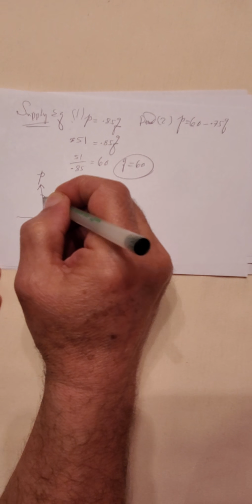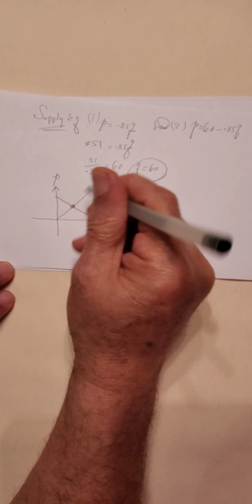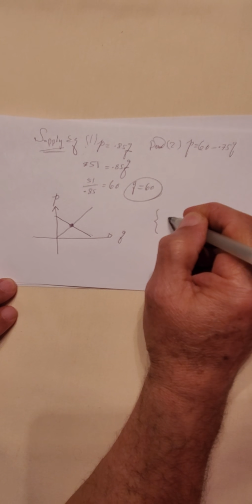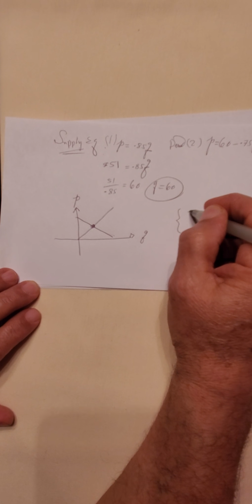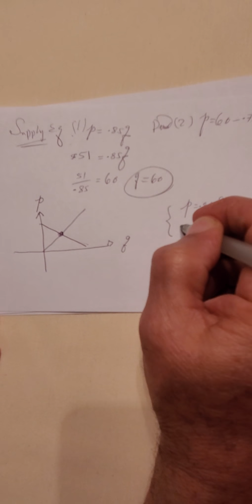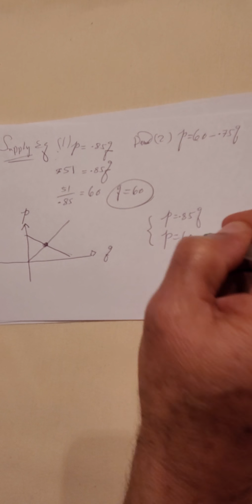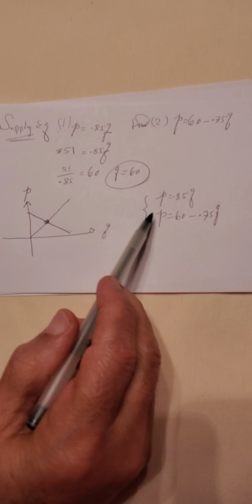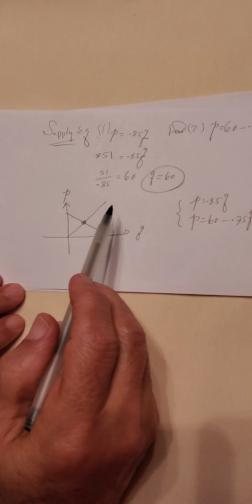You have this line for the demand, and you have this line for supply. If we write it down, P is equal to 0.85 Q, and P is equal to 60 minus 0.75 Q. After solving this system, you should be able to find Q and P.